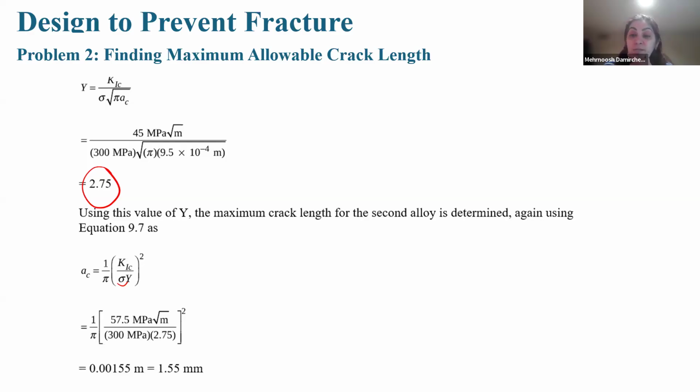Understanding these principles allows components to remain under safe conditions and loads, resist crack propagation, and operate reliably throughout their service lives. I hope this video helped you understand fracture toughness, plane strain fracture toughness, and how to design components to prevent fractures under the two scenarios that we talked about.